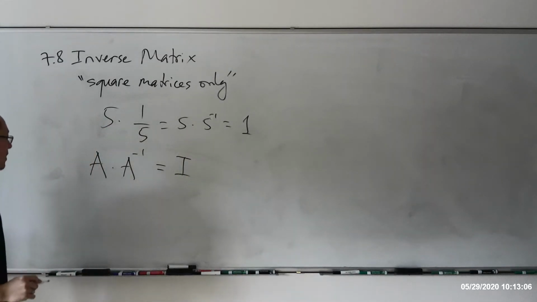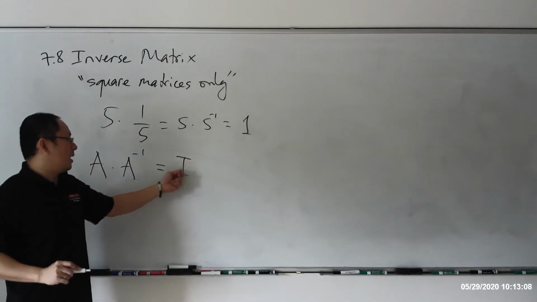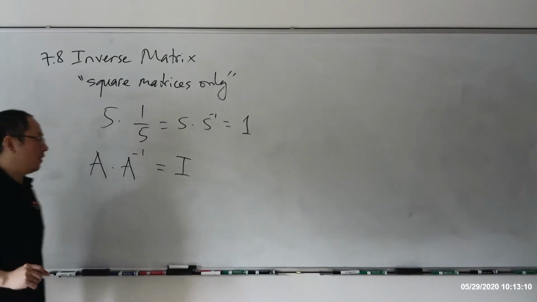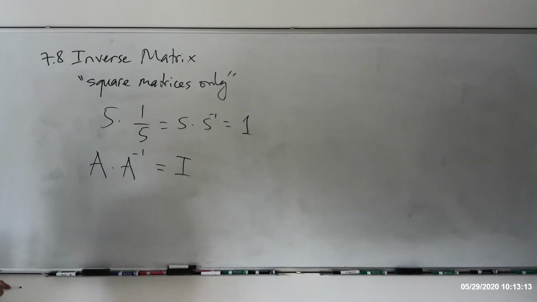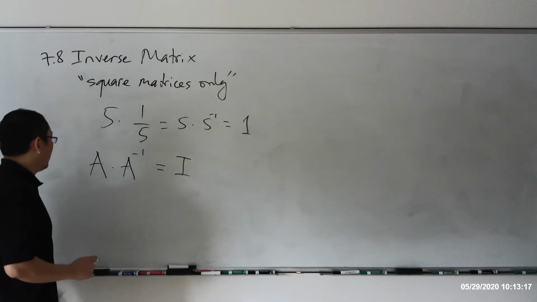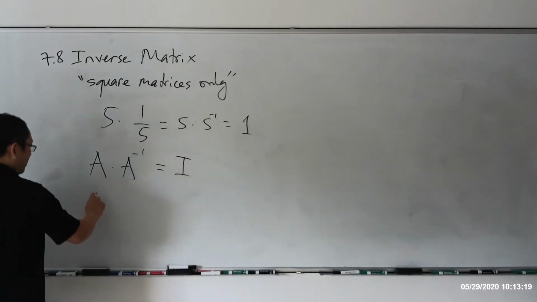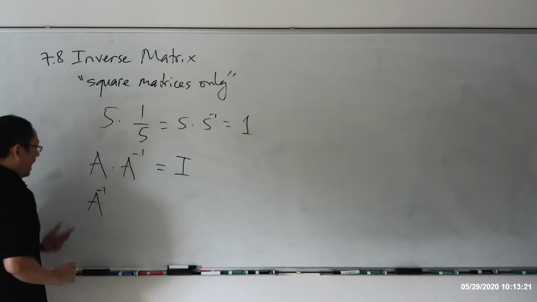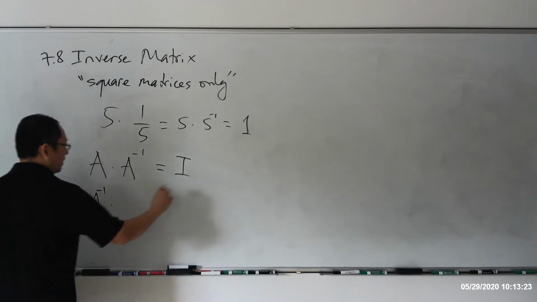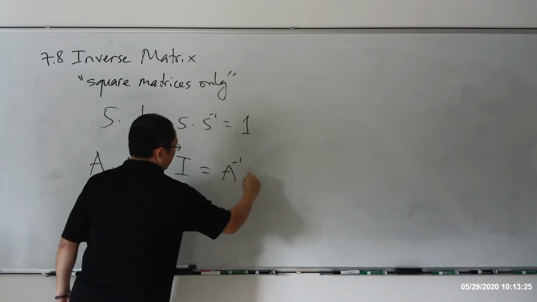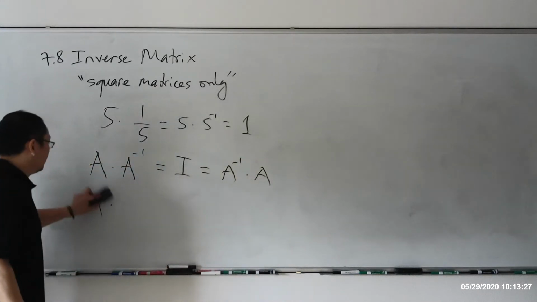And we talked about this already. Identity matrix is a square matrix that has the diagonal equal to all 1s and everything else is 0. Okay? And a very special thing about multiplying by the inverse is that you can write any order you like. A times A inverse or A inverse times A. It's also equal to 1. Okay?